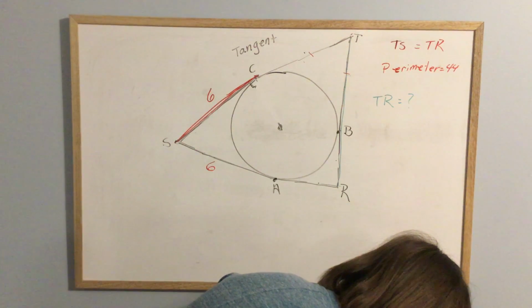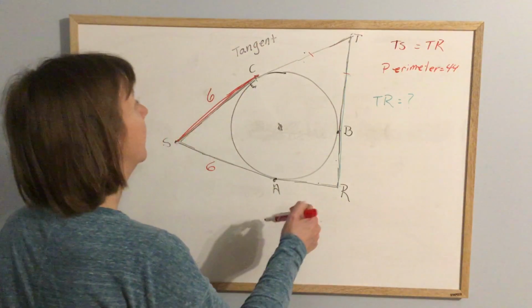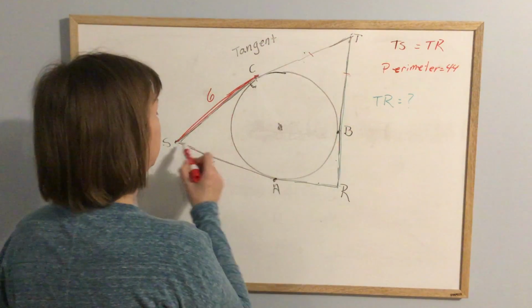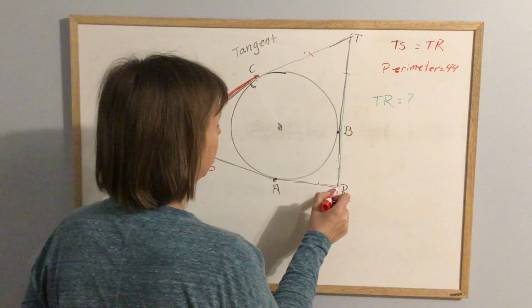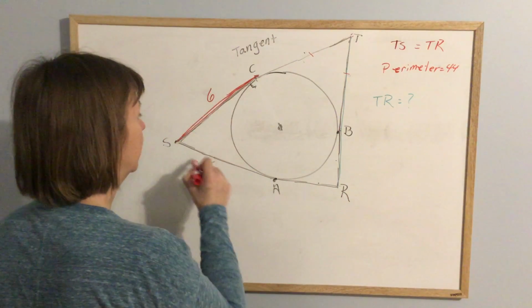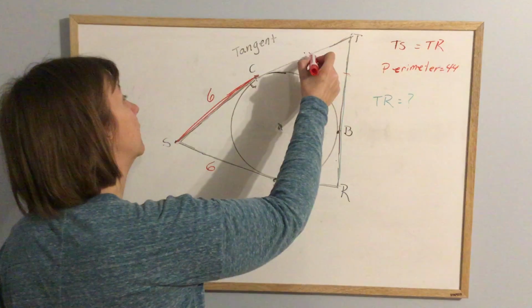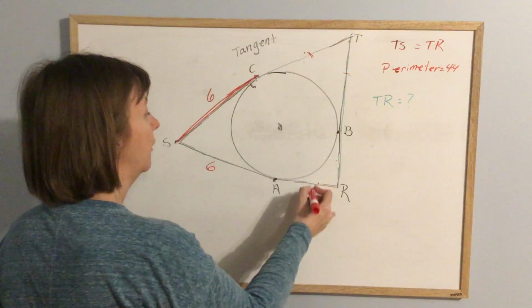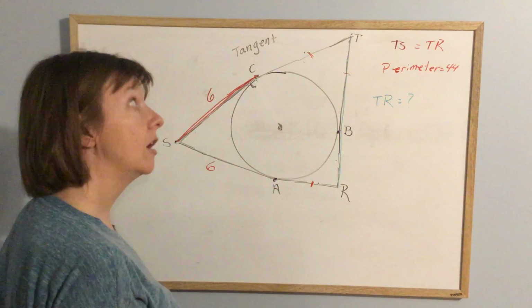SC equals RA. Yep. And if we know that this whole line is equal to this whole line, and we know that this is equal to this, we know that this part's equal to this part, then this also has to equal this. It's just logical, right?